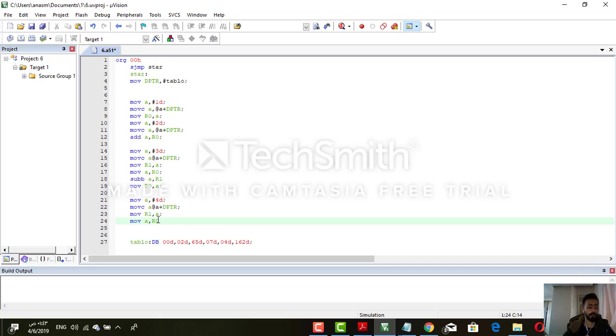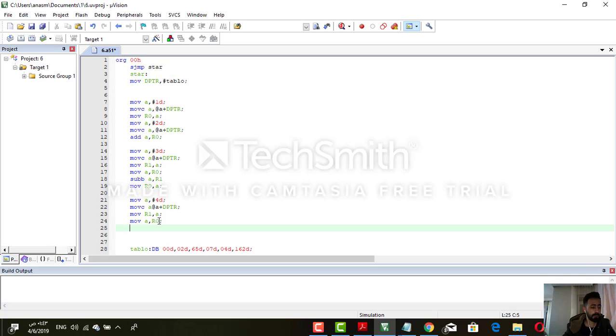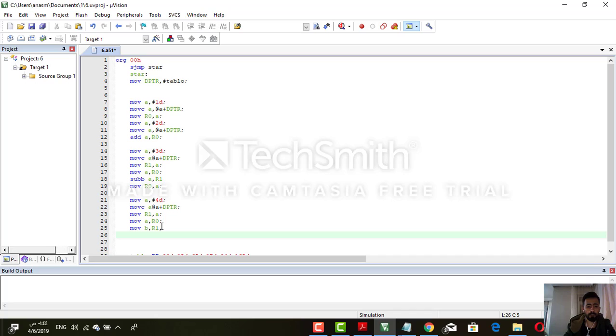So we have now the value of the C question in the accumulator and the new result at register 1, and we will multiply it. But before we can multiply, we can multiply the accumulator with a register, so we have to move register 1 to another register. We have to use the B register, move to B register 1.